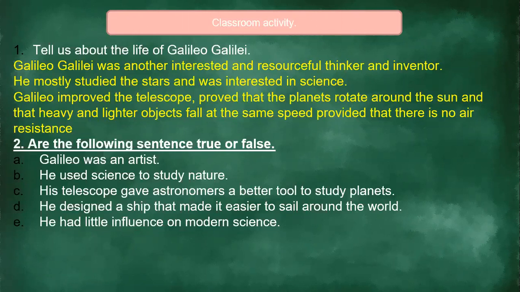Okay, Kia says false. And then Josli says false. iPad, you don't have a name, says false. Mohale says false. Kia, I'm unmuting you. Yes, ma'am. He had little influence on modern science. That's false. Yes, that is false.